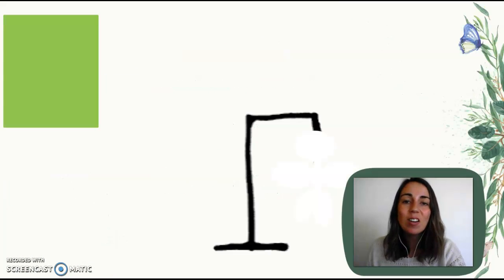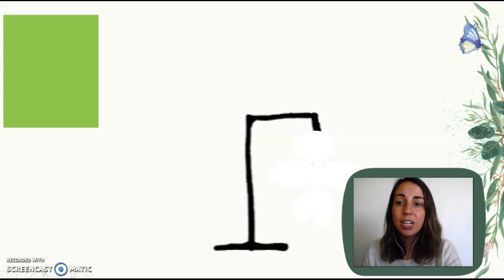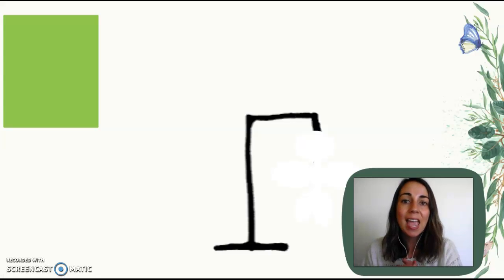Okay, and now I have a game for you. That game is Hangman. So here there is a flashcard that is covered, so we don't know what insect is behind it. And we're going to try to guess the word and the insect that's behind that flashcard, okay?